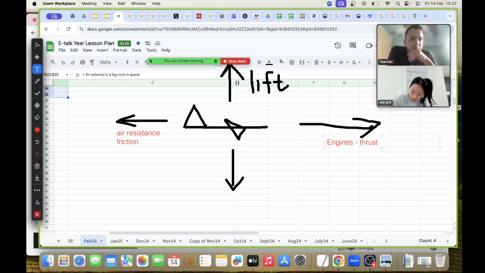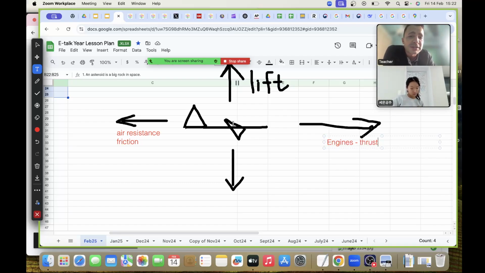So the engine is making the forward force. It's pushing the aeroplane forward. If there was no engine, the aeroplane will not move forward.